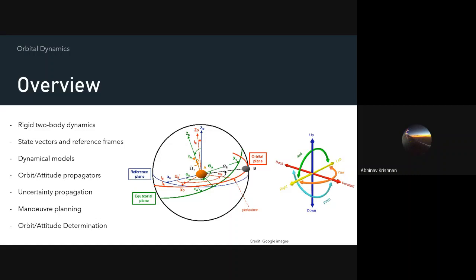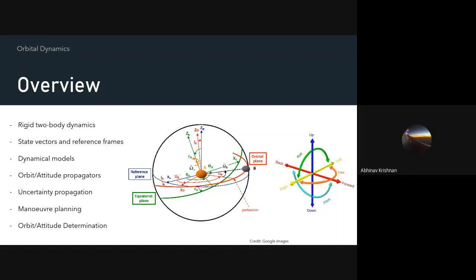You have the translational component, the red, yellow, and blue arrows, which means you can move along those axes as a rigid body. And then you have the green, orange, and cyan curved arrows, which represent the rotation of your body about those axes. So this is a 6 degrees of freedom entity that you're looking at.